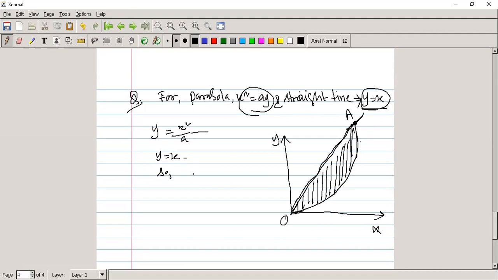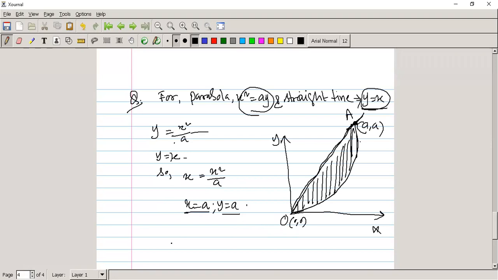From these two we get x is equal to x square by a, right? And x is equal to a, y is equal to a. It means when we put this value, the intersecting points are a, a and 0, 0. Clear?